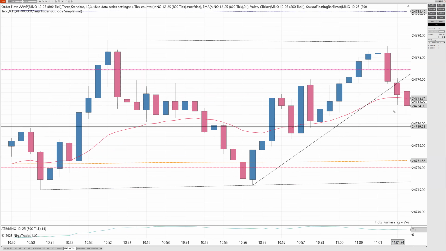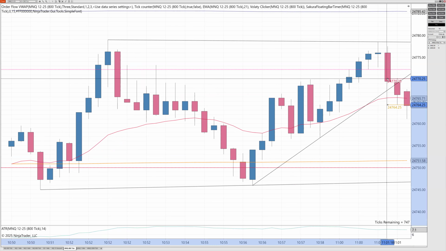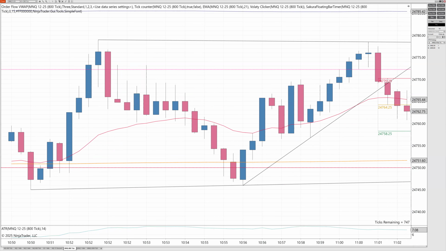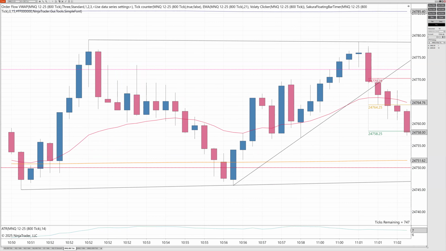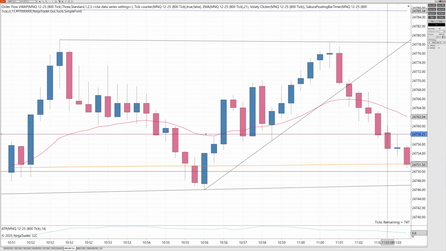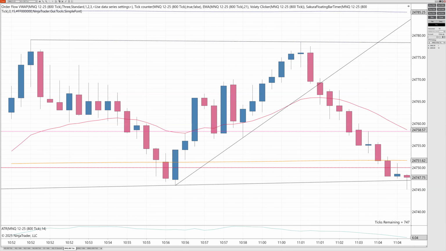So this is technically the signal to go south, but we closed above the EMA, so I can't go south, even though it worked. I can't go bearish here. But we will keep track of the runner. The runner is still running.